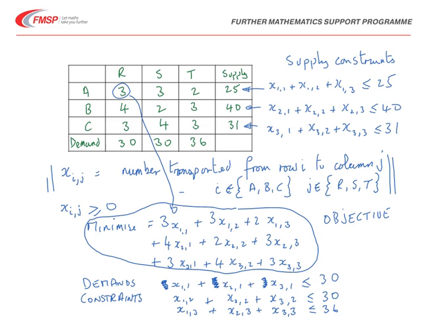I'd put the constraints together, but it's just to show you where they were coming from. So they're the supply constraints and the demand constraints, together with the non-negativity ones. So that shows the general principle involved in doing a linear programming question, setting it up for linear programming solution. Well, that's the end of the lecture on transportation problems.